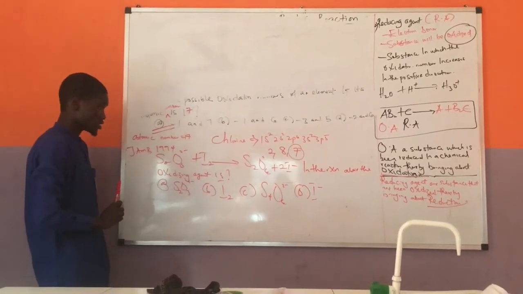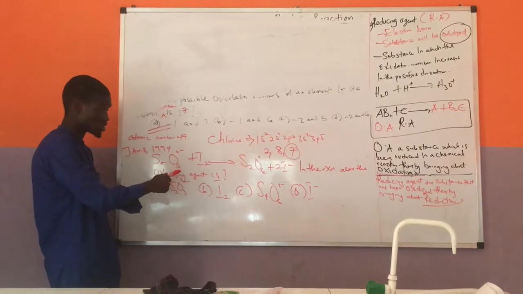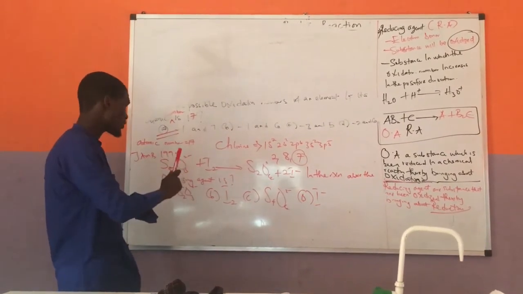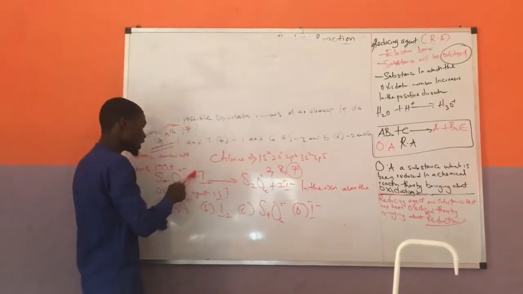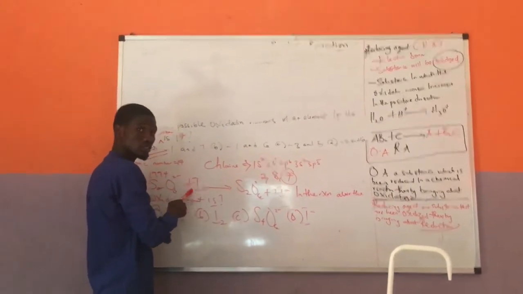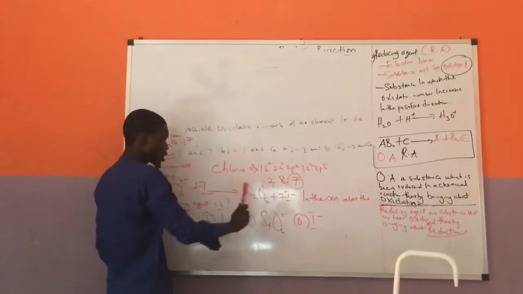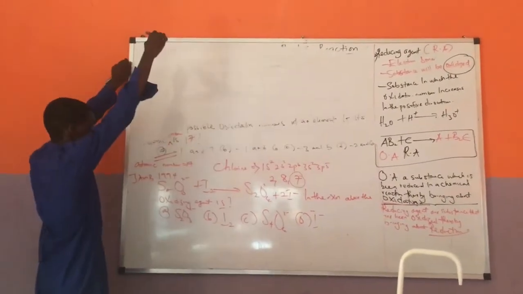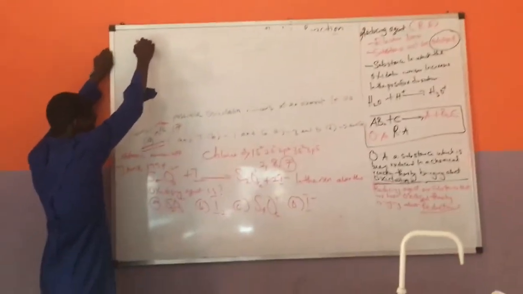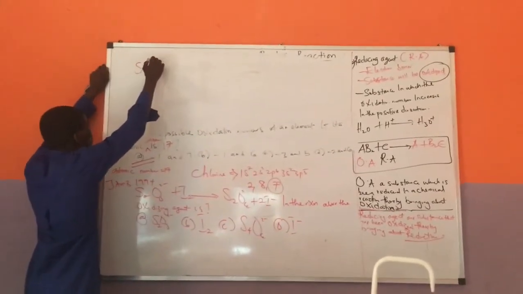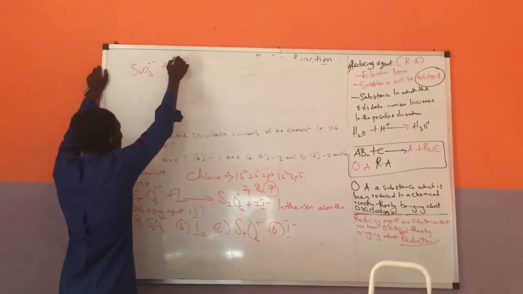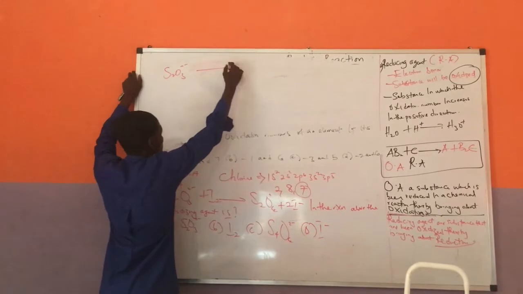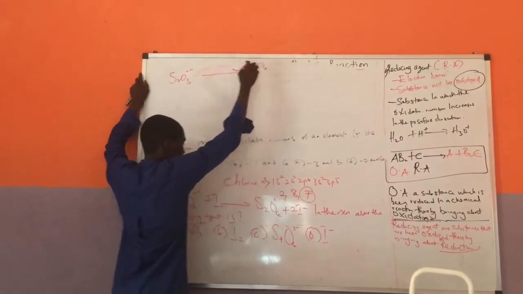You can see the number of oxygen here is 3, but here we have 6. So be careful with this kind of equation. So the iodine here is being reduced to what? Iodine gas here. So now let's itemize it. We have S2O3 2- plus this. Okay, let me take that one for you. So we have this. This is there.